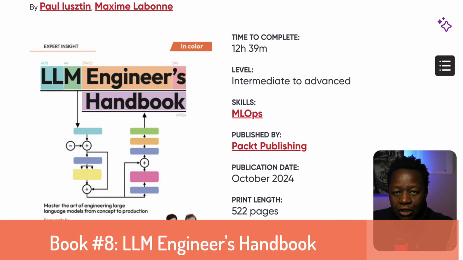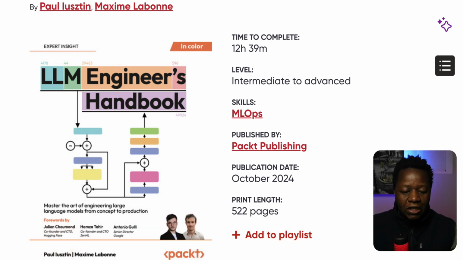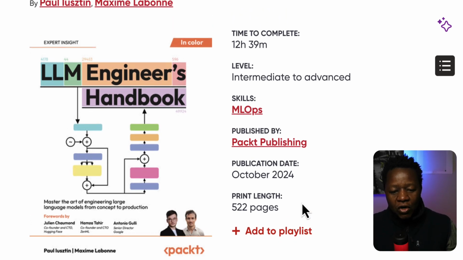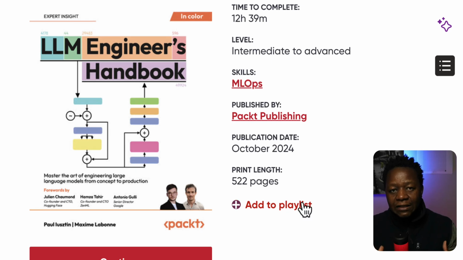Here is the last book that I want to share with you that blew my mind when it comes to LLM engineering. It's called LLM Engineer's Handbook. You've got to get this book. This book is all about stepping into the world of large language models with hands-on work. These 2 authors, Paul and Maxime Labonne, are skilled LLM developers who really know their stuff.